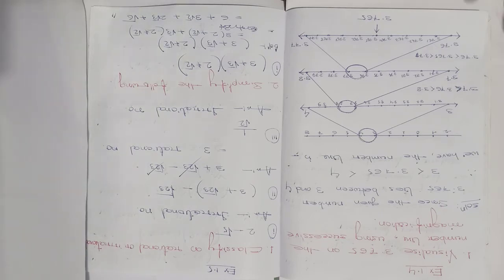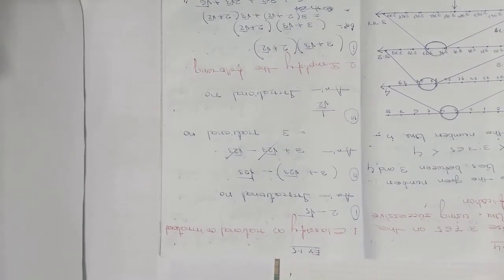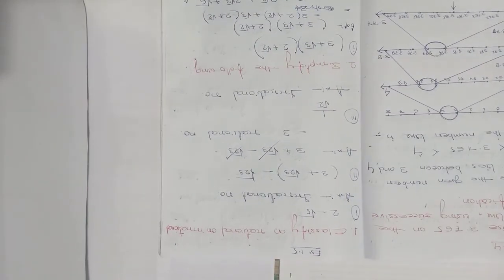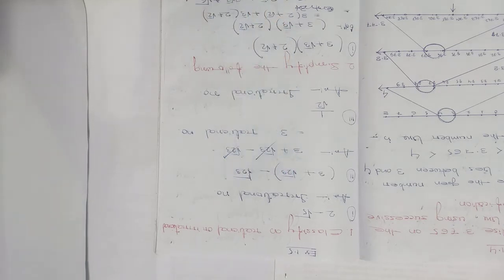The next part I am going to discuss is from exercise 1.5. There are a few questions where you have to decide whether a number is rational or irrational. The first question is 2 minus root 5. Since root 5 is an irrational number, the overall number 2 minus root 5 will be an irrational number.